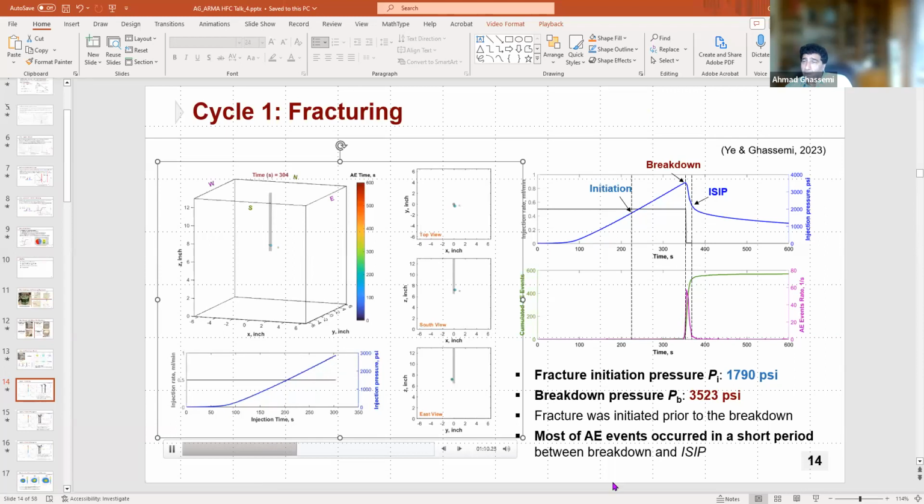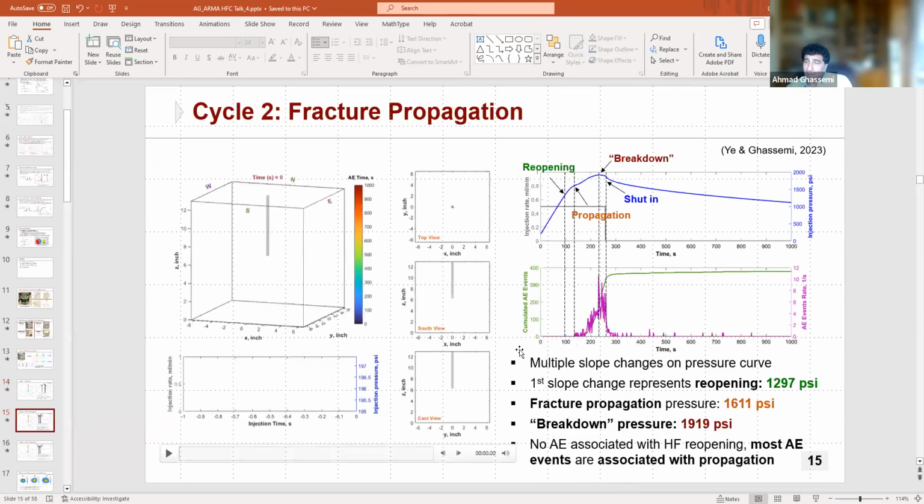We can ascertain that by a few AE events that we observed at that pressure. And then, of course, the pressure continues to increase to about 3,500 or so, where we have breakdown and we get a much higher level of acoustic emissions. And of course, we shut in, and then we go to subsequent cycles and repeat that.